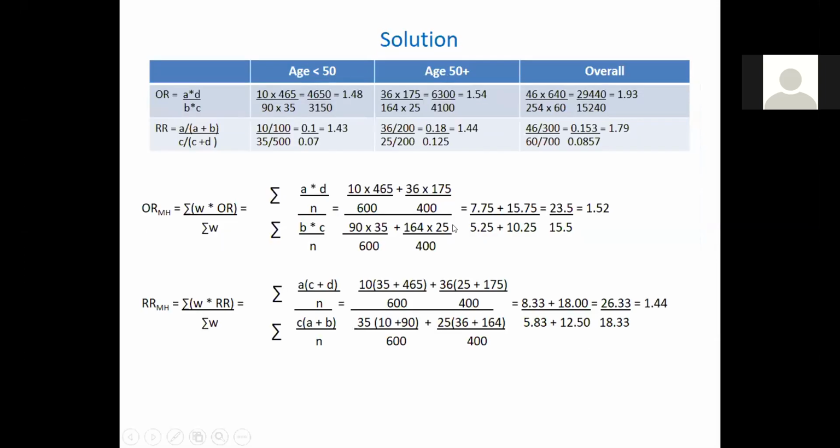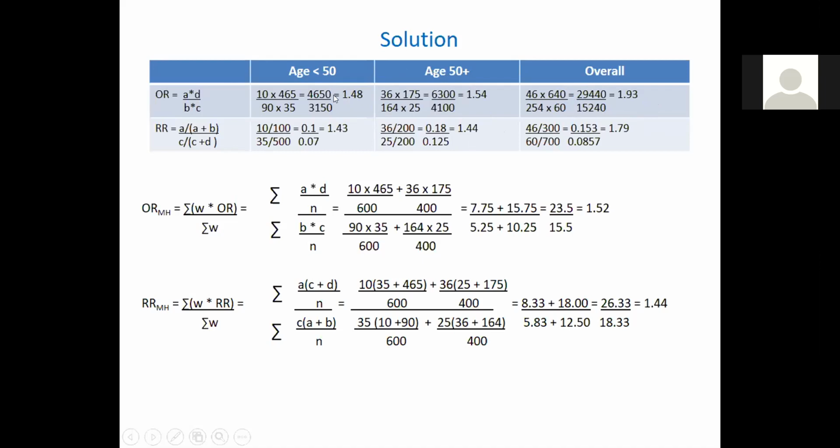We calculate the odd ratio for each of them using the formula, for age less than 50, age greater than 50, and overall, which is the crude. The same for relative risk. These overall values are the crude odd ratio and crude relative risk, and these are the odd ratios for each stratum.